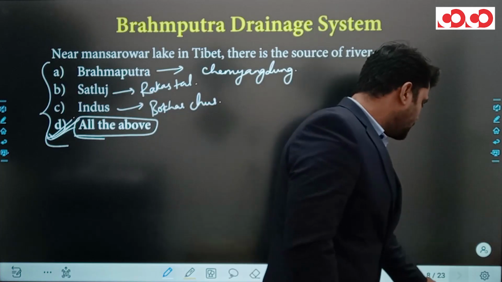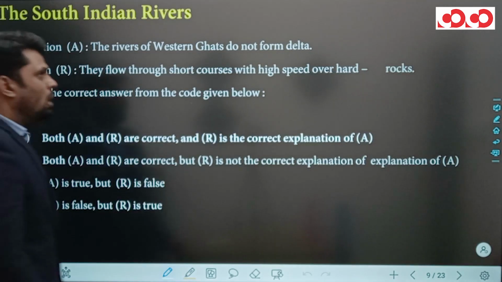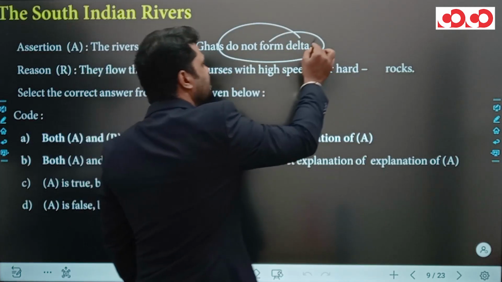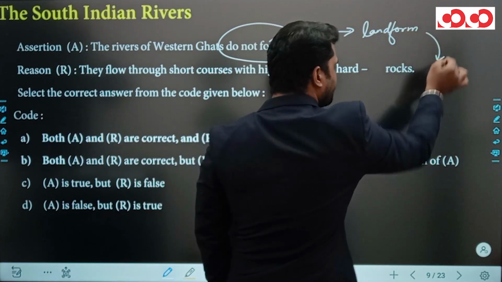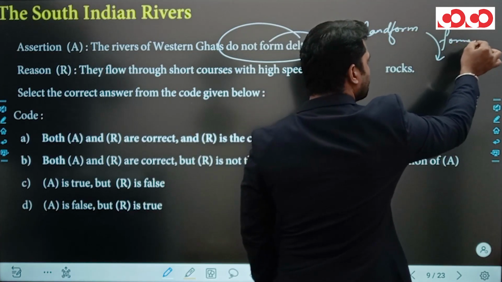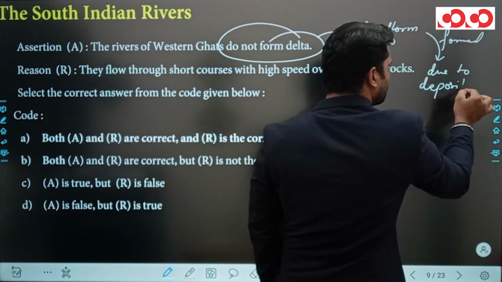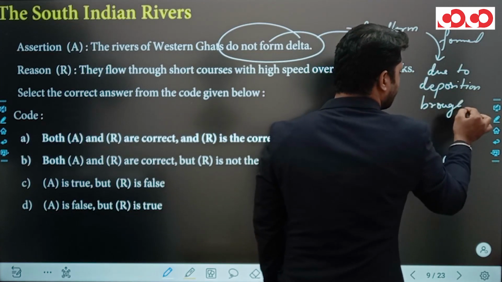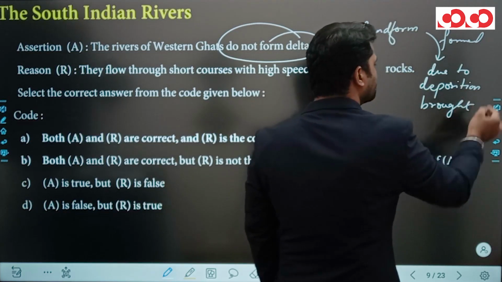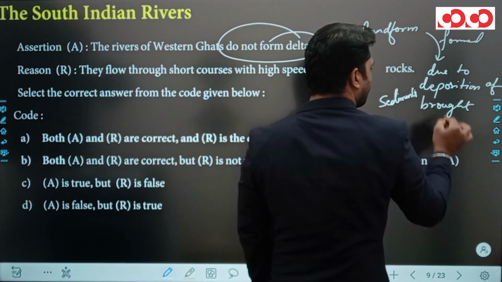Let's move to the next question. The next question is based upon South Indian rivers. Assertion says the rivers of Western Ghats do not form delta. What is delta? Delta is a kind of landform which is formed due to depositions of sediments brought by rivers.